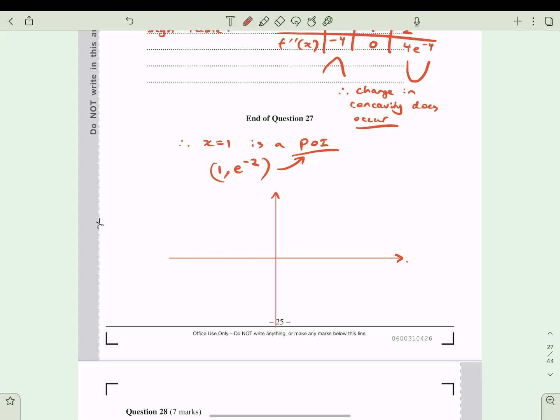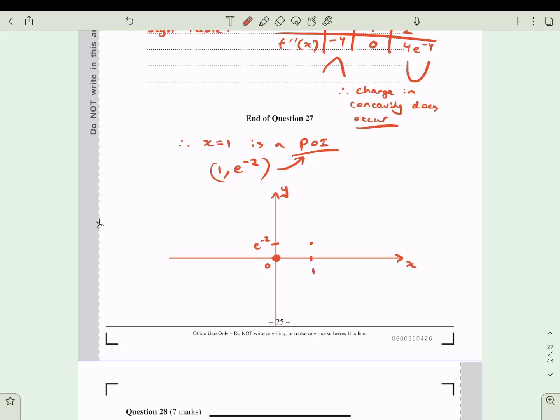Drawing our coordinate axes in, x and y, and 0. First of all, we know the graph goes through the origin, so let's put a point there. Second, we just figured out that (1, e to the power of negative 2) is a point of inflection.